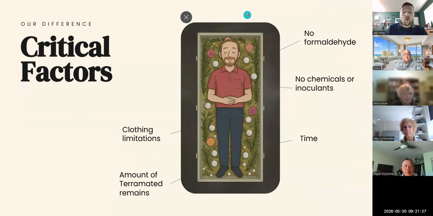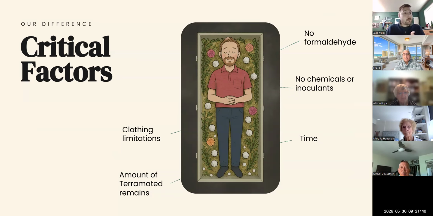All right, so a few important factors when it comes to terramation. Really, the biggest one is that no form of embalming or usage of formaldehyde can be used in terramation. For anybody that doesn't know what embalming is, it is simply the chemical preservation of somebody's body, using formaldehyde.